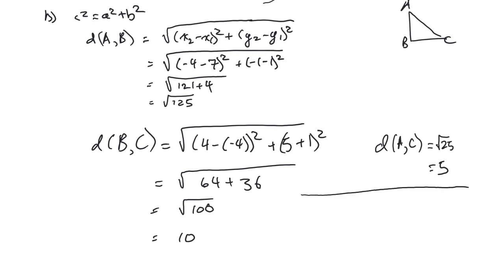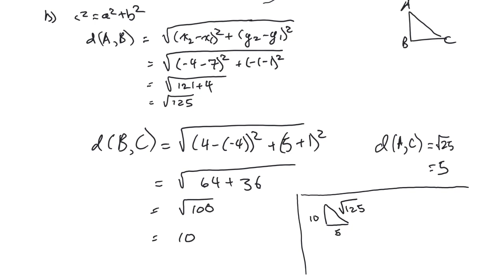So you know the following. You've got the lengths of all of the sides of your triangle, right? So you have the square root of 125, you have 10, and you have 5 here.